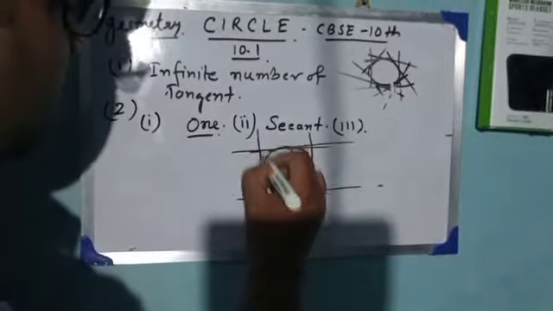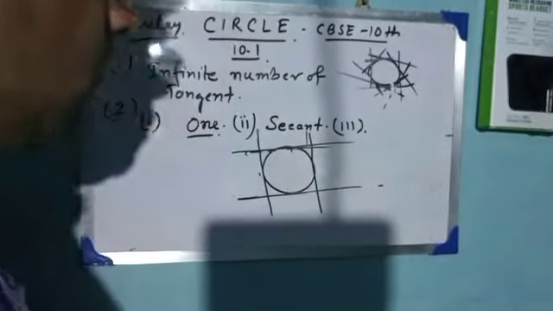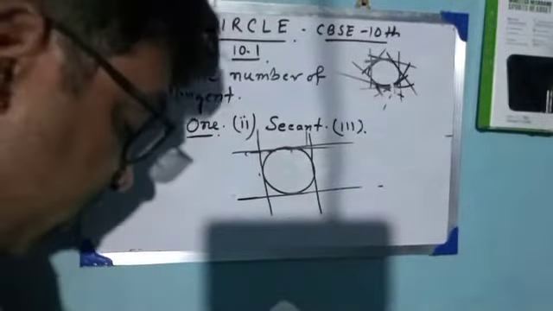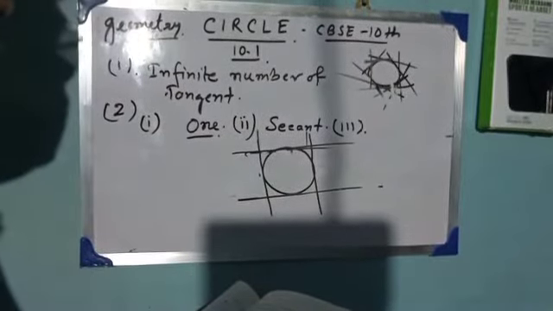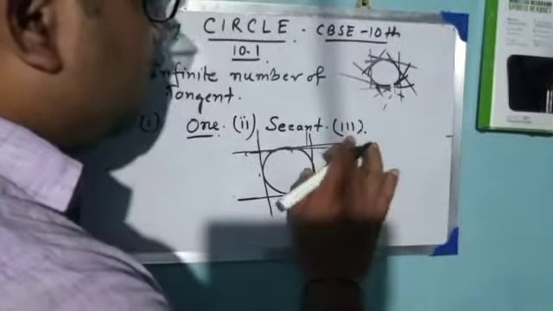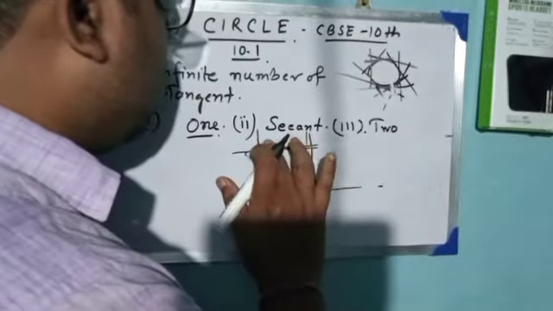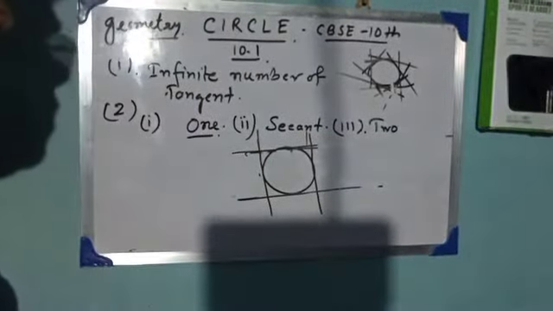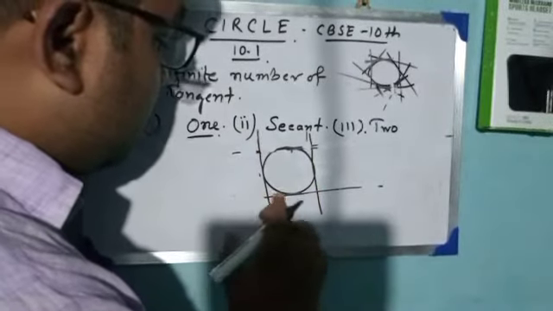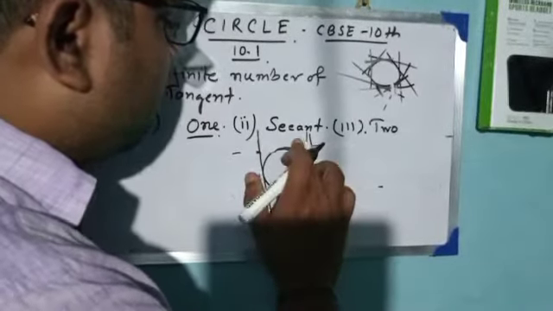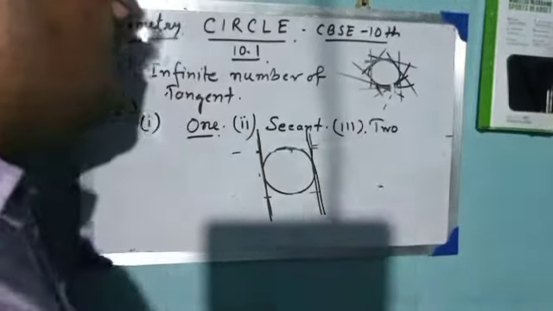So this is one pair of parallel tangents and this is another pair. So a circle has two parallel tangents at most. We don't have to write this; only from this figure we can say that there are two parallel tangents.